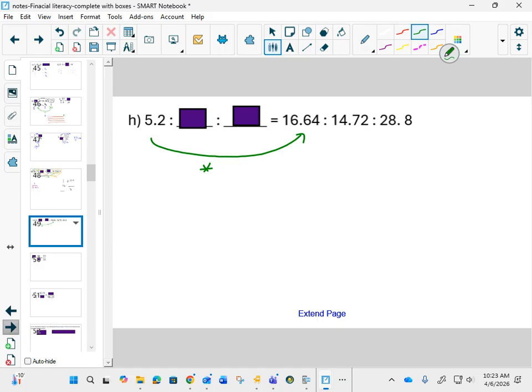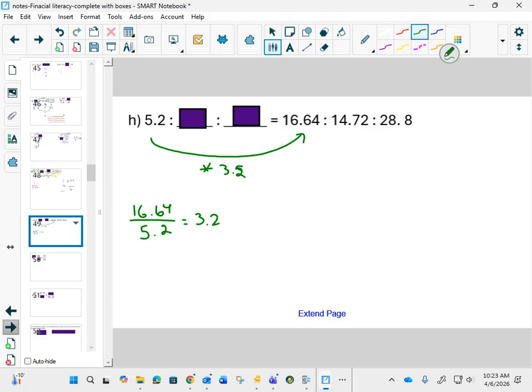3.2. Is that what happens when you do 16.64 divided by 5.2? It's gotta be right. Yeah, this is 3.2, so we're multiplying by 3.2. Wow, that's ugly looking.